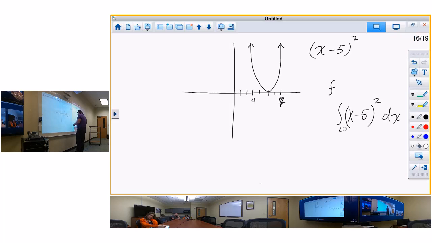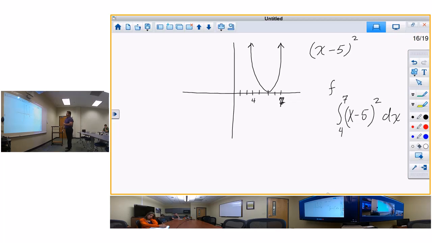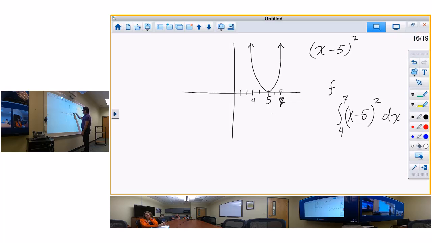From 4 to 7. Now, do we have to go from 4 to 7, or can we go from 5 to 7 and multiply it by 2? Yeah, you can do that. Go from 5 to 7 and multiply by 2. Because these two are symmetrical. So go ahead and do that one.